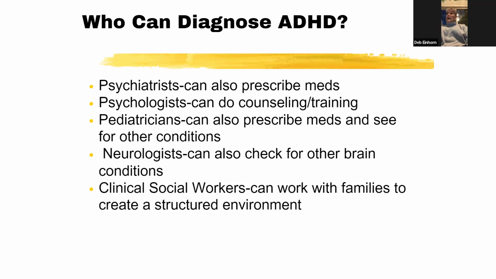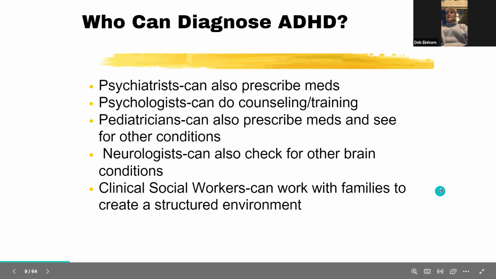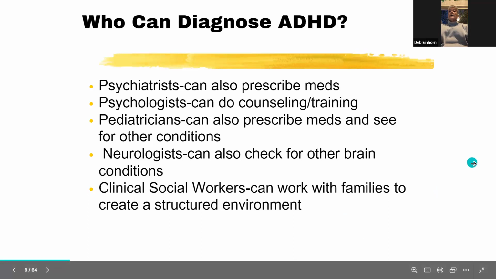Those are all medical diagnoses, and they can only be determined by a medical professional, like a psychiatrist or a clinical psychologist or a pediatrician or a neurologist. So those individuals would need to provide the diagnosis to the school district to be considered in the IEP development.